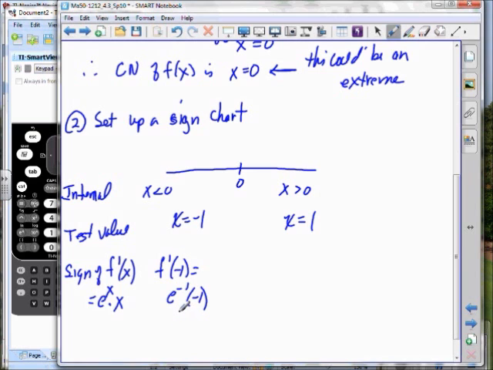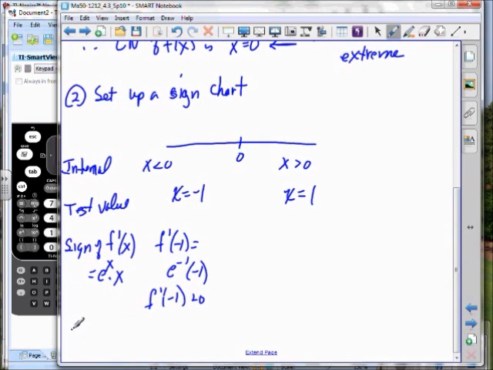Is the first derivative going to be a positive quantity or a negative quantity? Which is it? Negative. Yeah. So the first derivative is going to be negative. If that's the case, then my conclusion is that the function is decreasing in that interval.